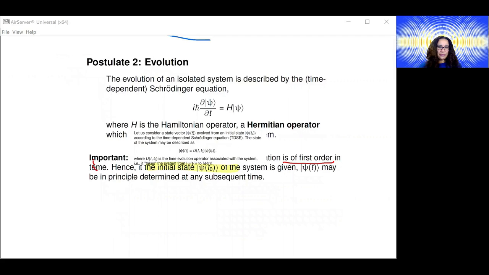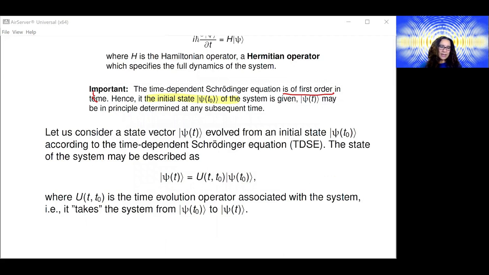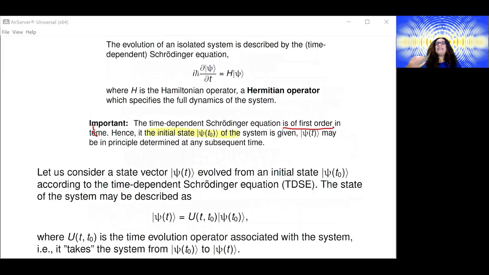We're going to define the time evolution operator. So we're going to start quite abstract, and we're going to consider a state vector psi t, and this state vector was evolved from psi t naught. And we do this evolution according to the time-dependent Schrödinger equation, right? It has to be, because this is the equation that is governing the evolution of an isolated quantum system according to all the postulates we have seen.